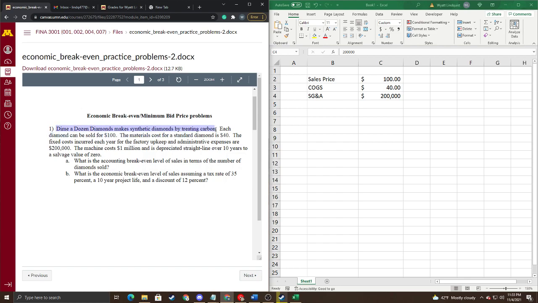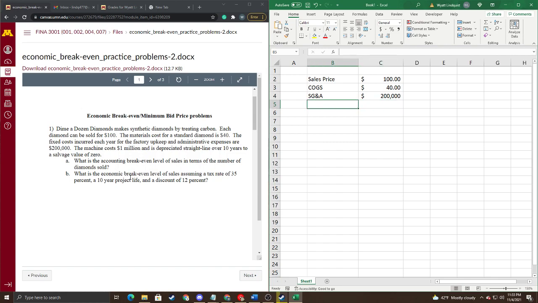We are simply talking about the company as a whole. So that's why we have to include the SG&A expenses for this one, because we need to know when will we break even on our sales, not just when will we break even on a specific line of product. This is for the entire company.